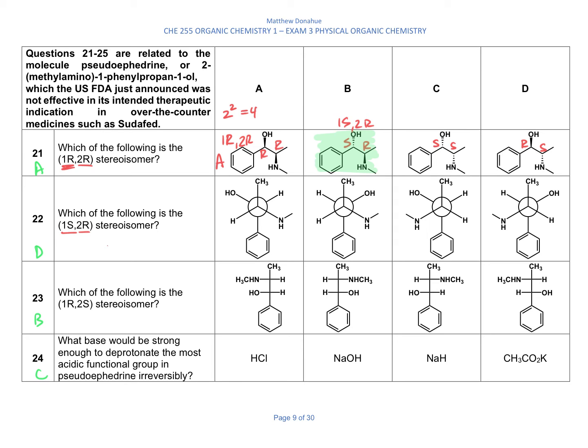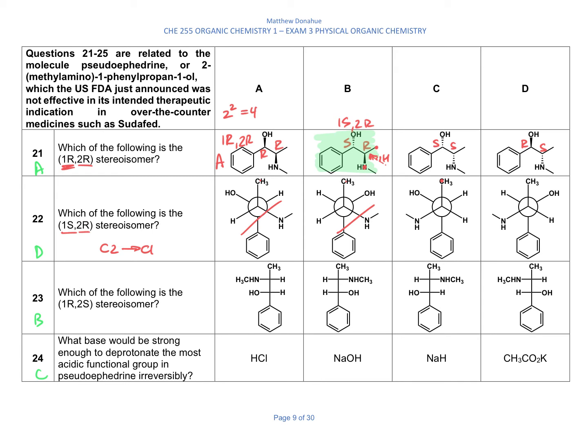So all of these are C2 to C1 in the Newman projection, which means your eye is here. So methyl on top, nitrogen to the left, hydrogen to the right. Here, methyl on top, nitrogen is to the right, we need it to the left. So this is a possibility here, as is D.